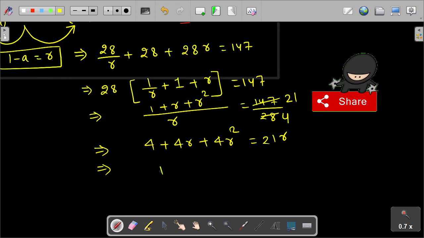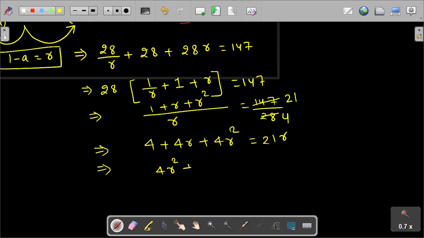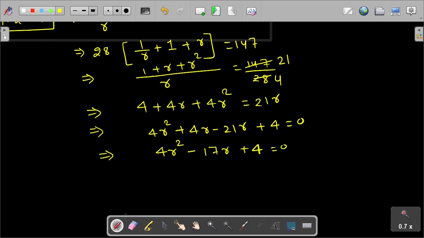So this will be 4r² + 4r − 21r + 4 = 0, so 4r² − 17r + 4 = 0. Now we can factorize this and find the value of r.